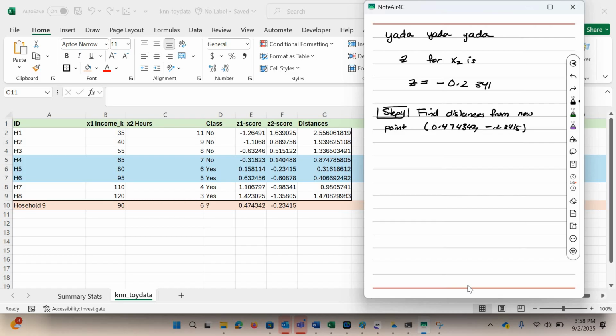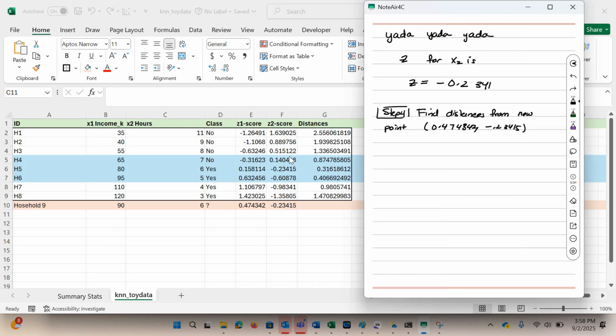You have an x and a y because there's two coordinates. The x1 would be your first coordinate and your x2 would be the second; these are the z-scores of the two. You're going to take that point and find the distance between every single one of these other points, and I'm not going to do that by hand. So I'm going to show you one by hand of what it looks like.